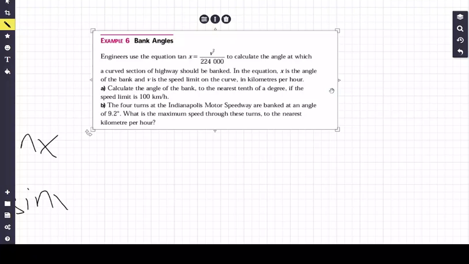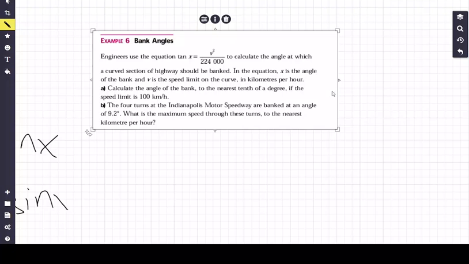It's going to go ahead and give you a very small decimal number. It's going to give you 0.04.